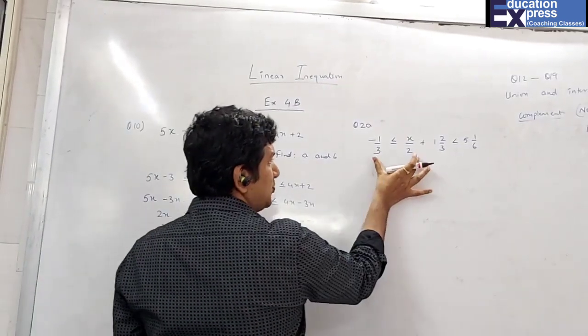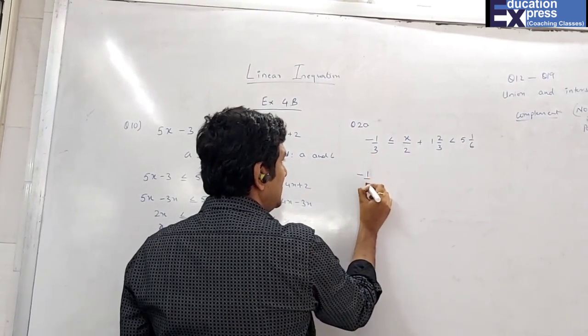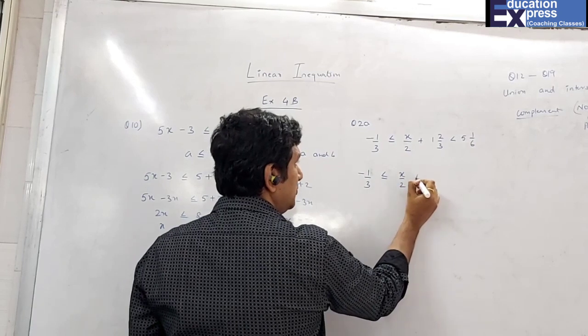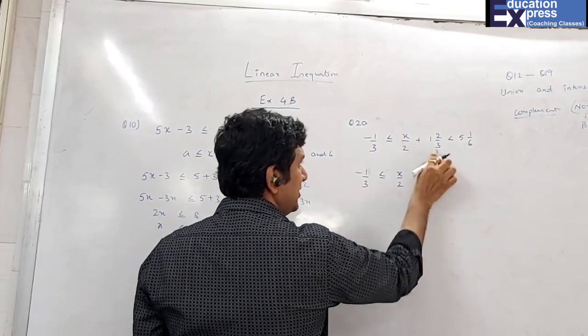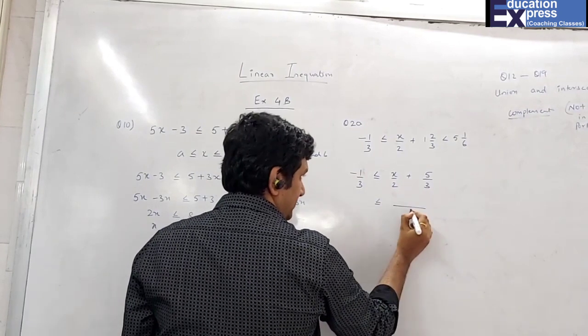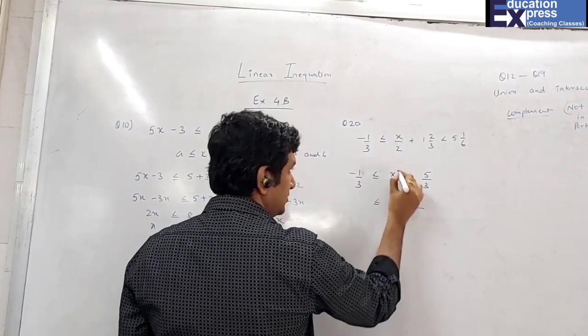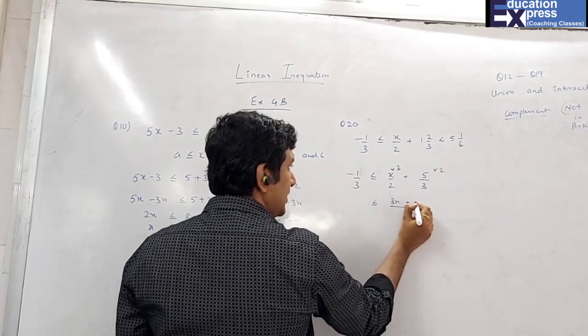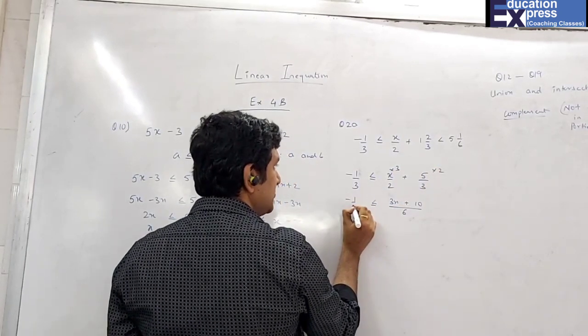So first I'll take this part, minus 1 upon 3 less than or equal to x upon 2 plus 5 upon 3. 3 ones are 3, 3 plus 2 is 5. LCM 6, 3x plus 10. And minus 1 upon 3.